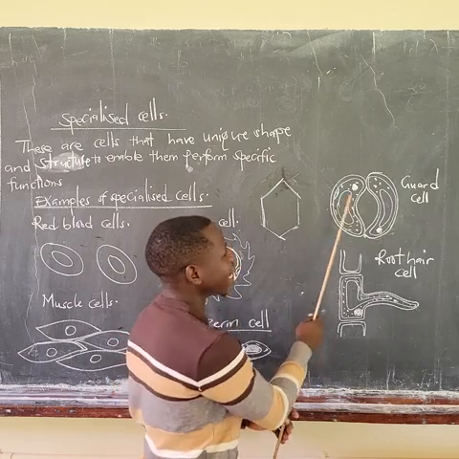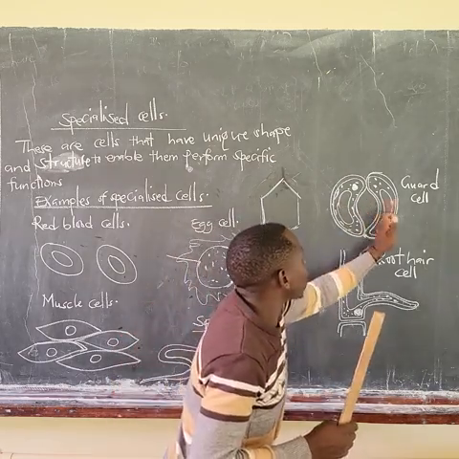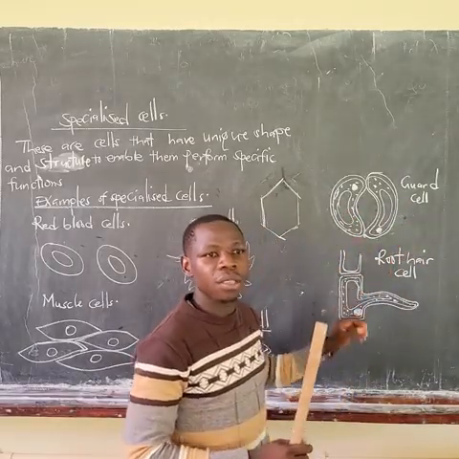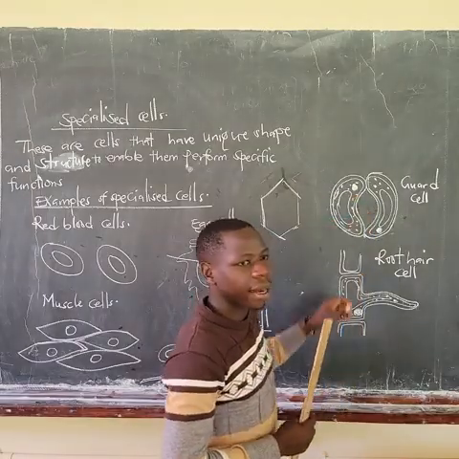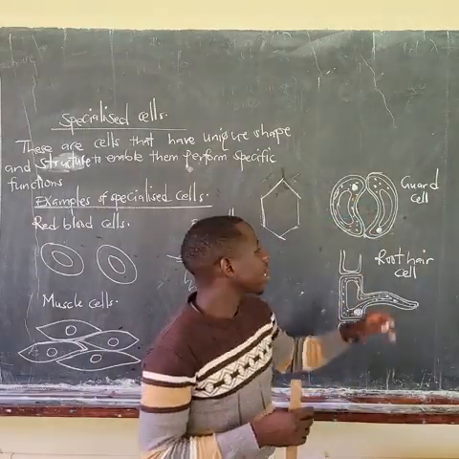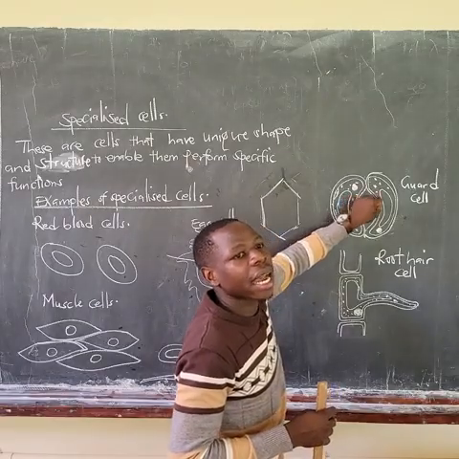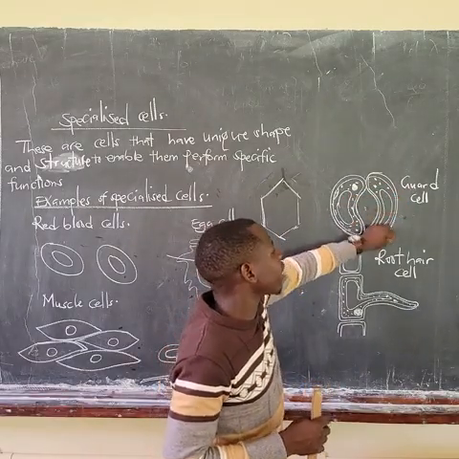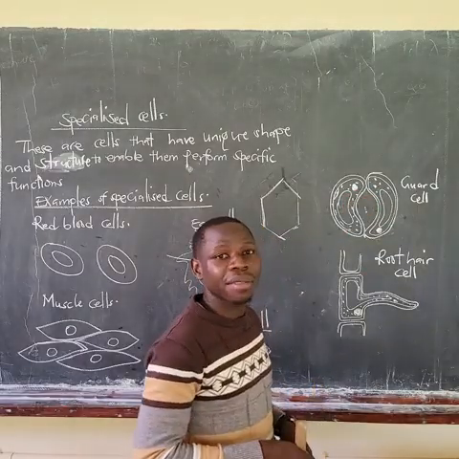So these cells are like this because they have to close and open to enable the opening and closure of the stomata. So when they bulge like this, they open and the stomata is open so that the carbon dioxide can enter for photosynthesis and oxygen can come out from photosynthesis, or even oxygen can enter for respiration and carbon dioxide comes out.